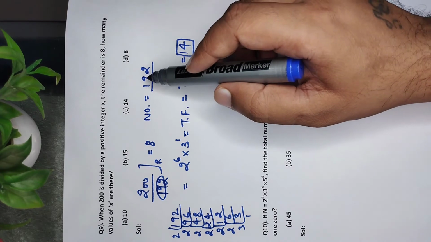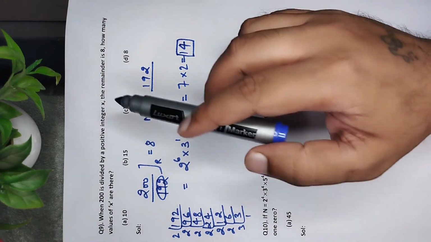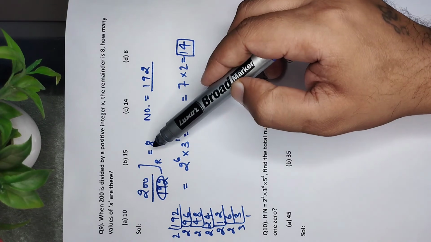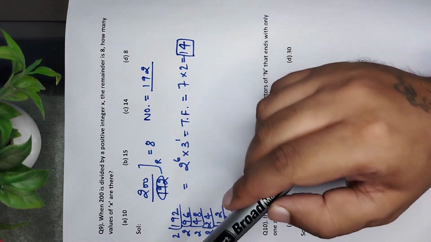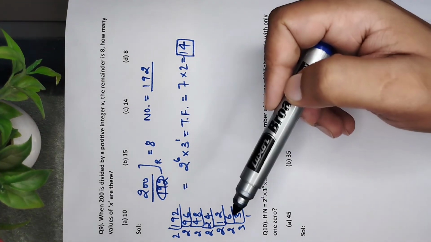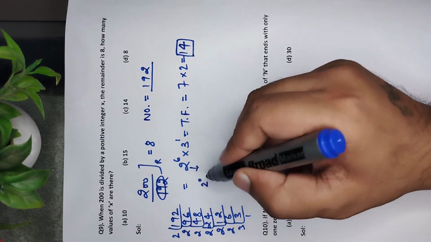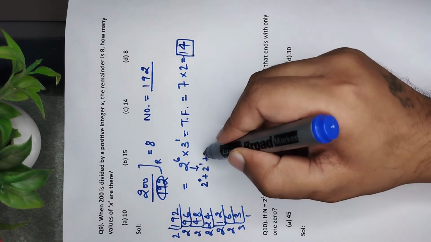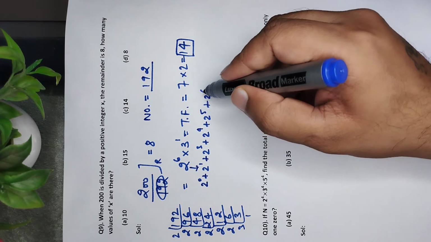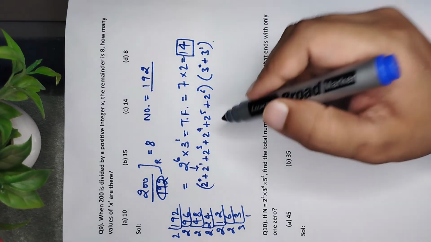They are asking how many values of x are there. I can say there are 14 factors of 192. But the question is that when 200 is divided by this number, the remainder is 8. So how many values of x are there? That means when I factorize this 192, I get 14 different factors of 192. That is what I got. I got one factor as 2 raised to the power 0, another factor is 2 raised to the power 1, another one is 2 raised to the power 2, then 3, then 4, then 5 and then 6. Similarly, another one is 3 raised to the power 0, 3 raised to the power 1.